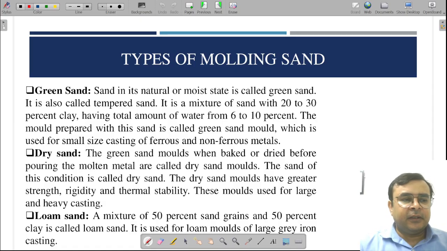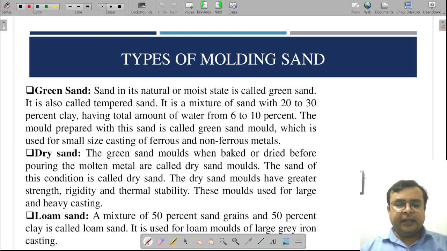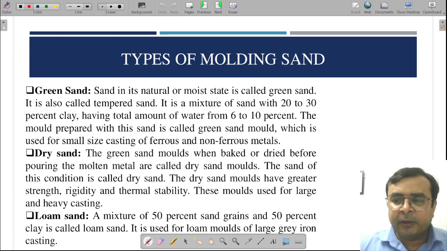So let's see, one by one, the types of molding sand. Molding sand is a very essential part of the metal casting process because the entire mold cavity is made in the molding sand. Is that right? The molding sand preparation, which I already discussed in the previous lectures, is one of the prime steps in metal casting, which influences the quality and quantity of the metal casting.